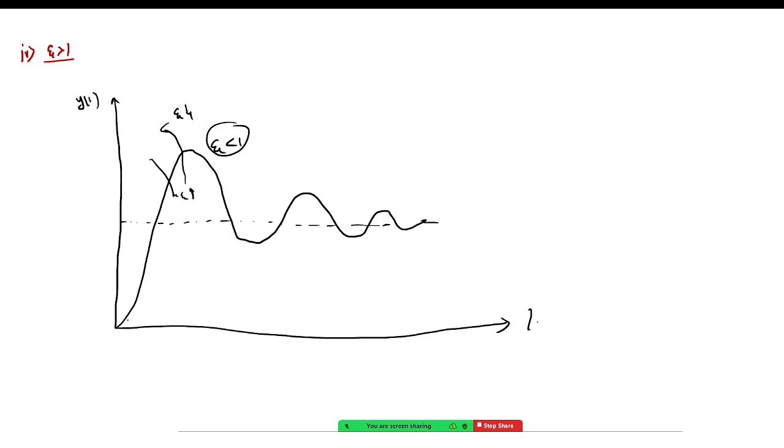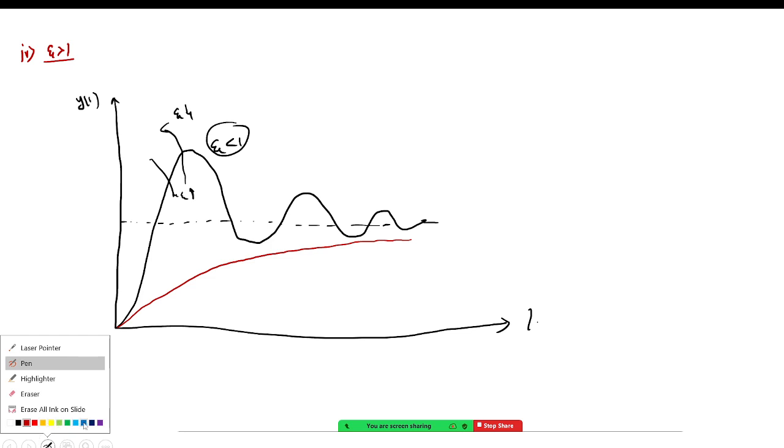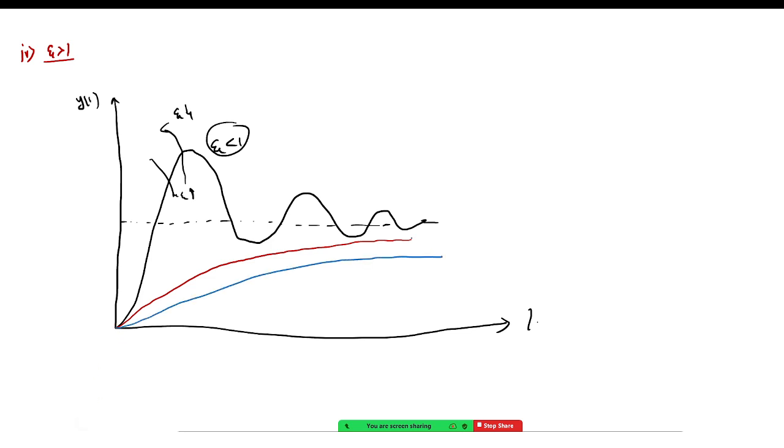So if I have this particular curve over here, and this particular curve over here, and I am going from this side to this side, zeta is increasing. Fine.